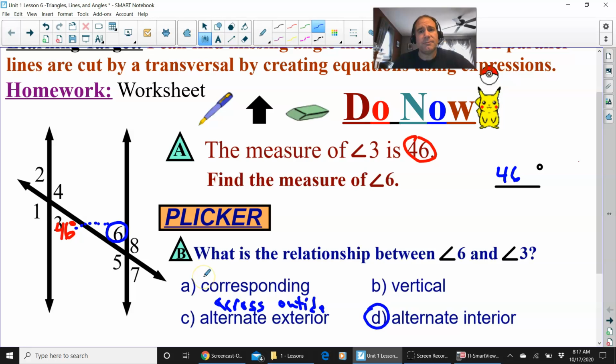Corresponding is probably the most difficult one to remember, but corresponding means that it is basically in the same location.